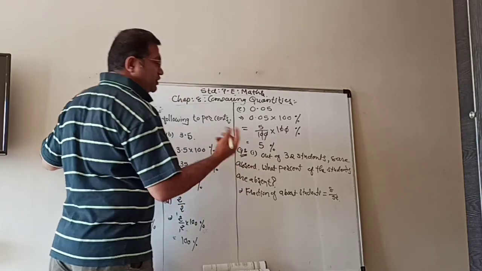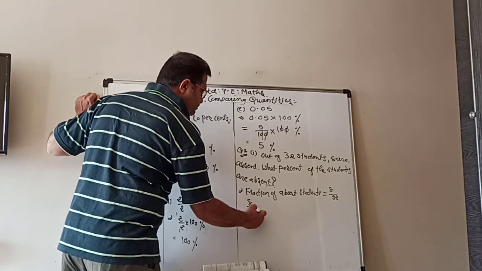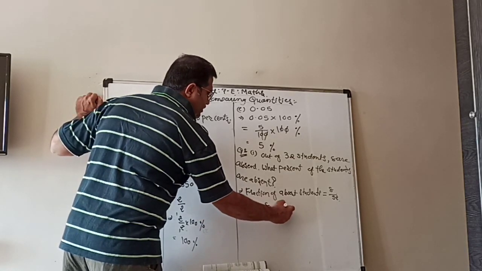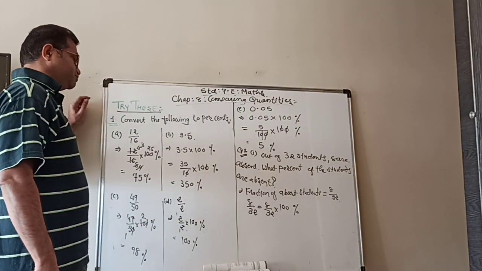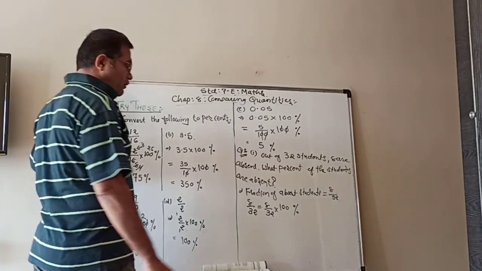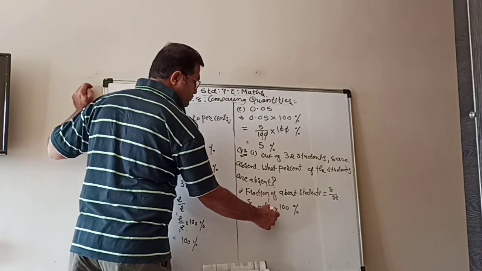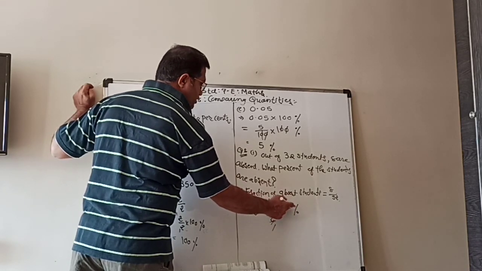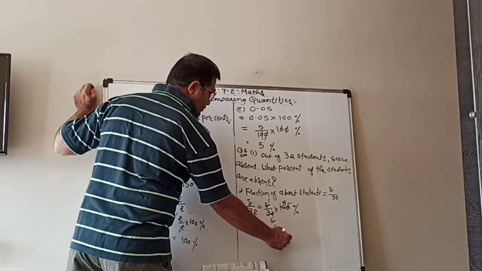Now we have to convert it into percentage. So 8 upon 32 is equal to 8 upon 32 multiplied by 100%. Now we know that 8 fours are 32 and 25 fours are 100. So how many percent? 25%.